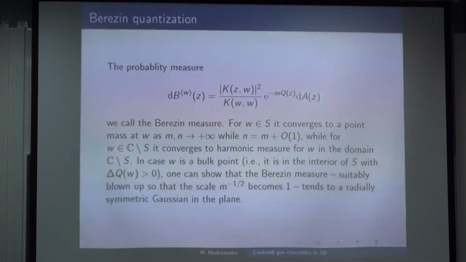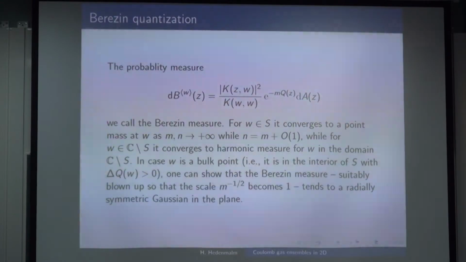One way we analyze the behavior for large n is to analyze the so-called Berezin measure. Why is it interesting? Well, you take k as a function of z and w. You fix w, and then think about this whole thing as something that depends on z. Then it's easy to see that this object is a probability measure.